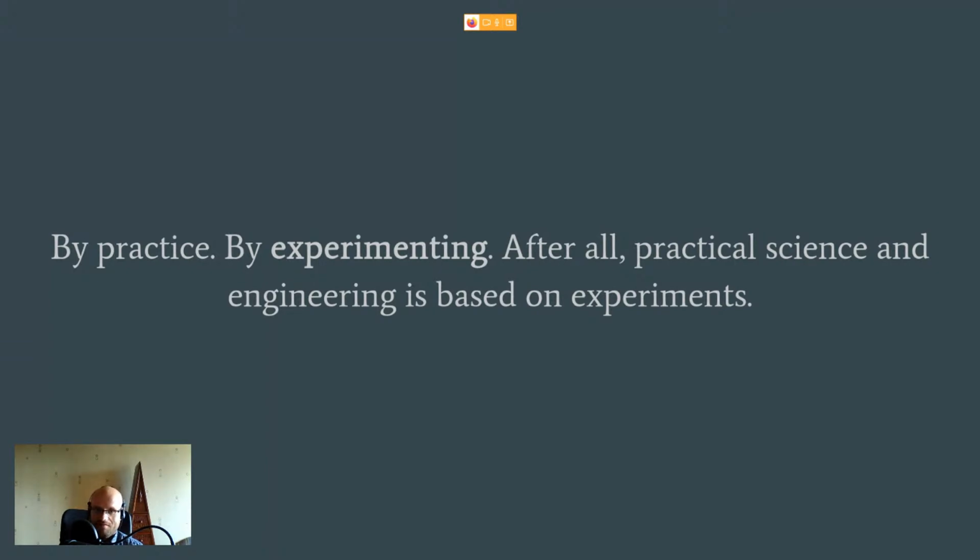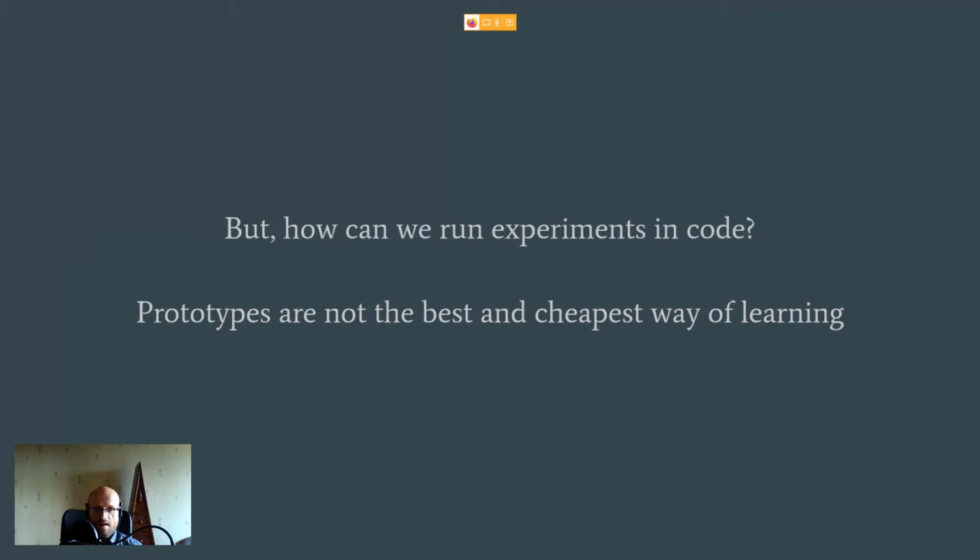We all learn best when trying to do something, when working on something, when learning how different parts interact with each other, based on concrete experience, based on concrete examples. Now the question is how we can write these experiments in code. Is it even possible?